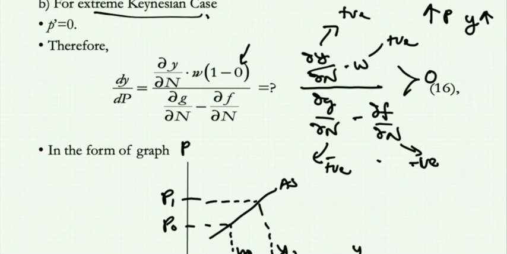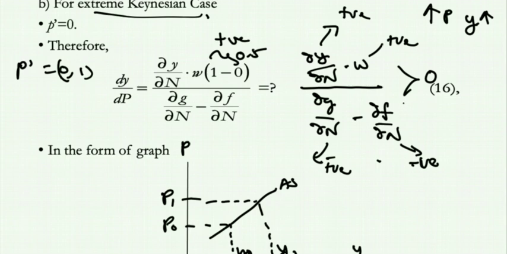What about if we have P prime between 0 and 1? Obviously, this becomes, let's say, 0.5. So this becomes positive, isn't it? 1 minus 0.5, because we need to choose a value between 0 and 1. So this also becomes positive. This also becomes positive.